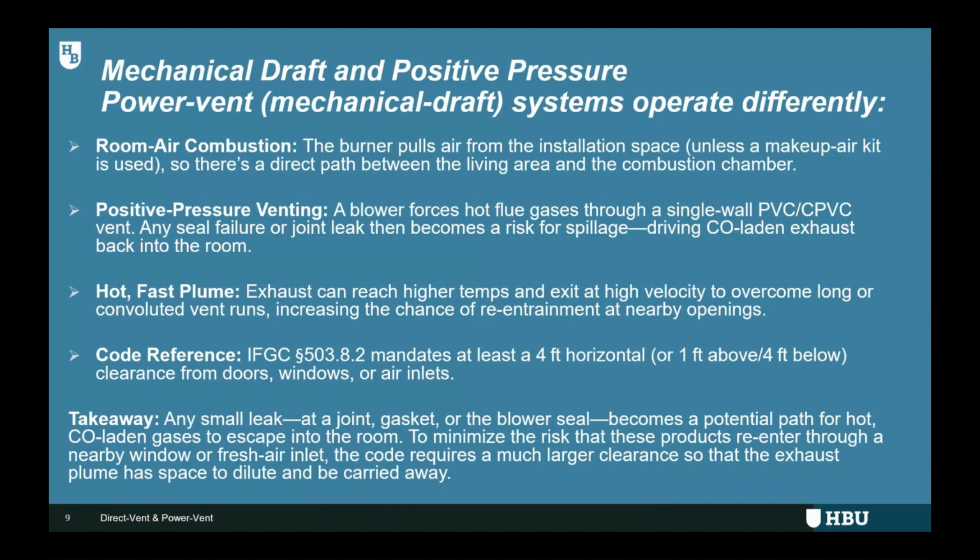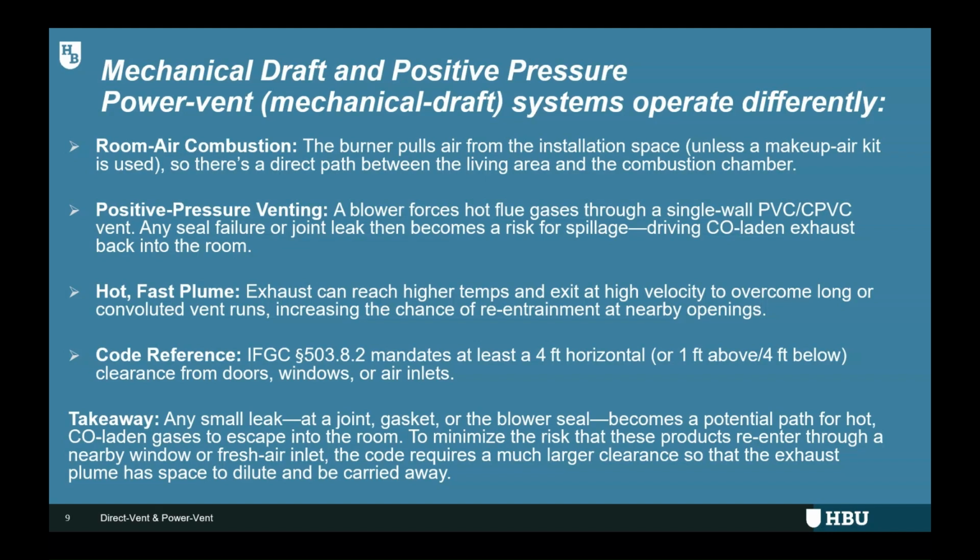Second, positive pressure venting. A key characteristic of power vent systems is the use of a blower to force the hot exhaust gases through the vent pipe, which is often single wall PVC or CPVC.